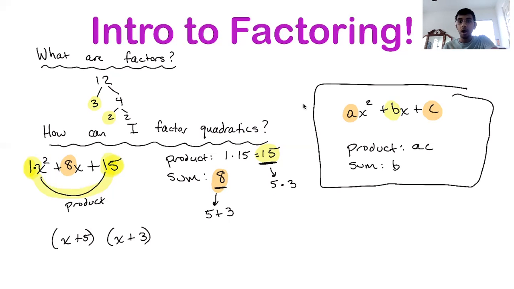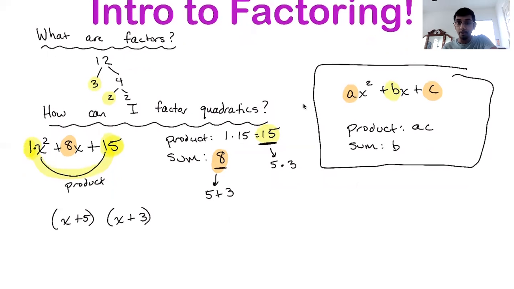So how does this work out? Basically, if I were to FOIL this out, right? Because I've taught you guys how to FOIL now. Basically what's going to happen if we FOIL this thing we just got, it's going to give us the same exact thing as our original function that we were given.